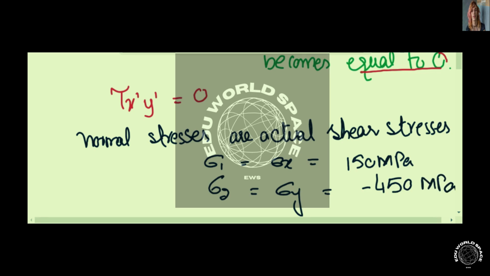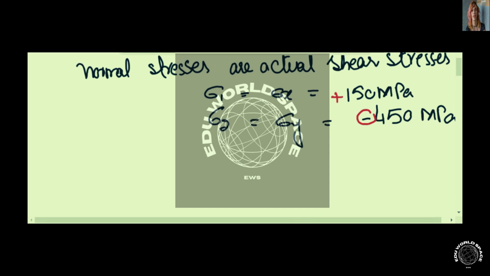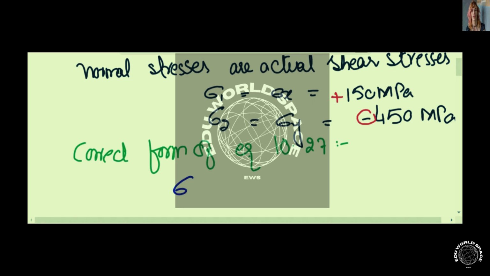right? Now, as you can see that these principal stresses are opposite in signs, right? This one is positive and this one is negative, so it means that they're opposite in signs, and this means that the correct form of equation 10.27 would be sigma sub y is equal to the absolute value of the difference of sigma sub 1 minus sigma sub 2.